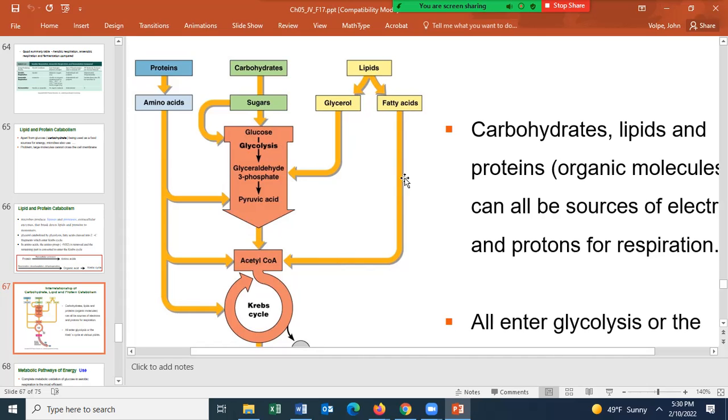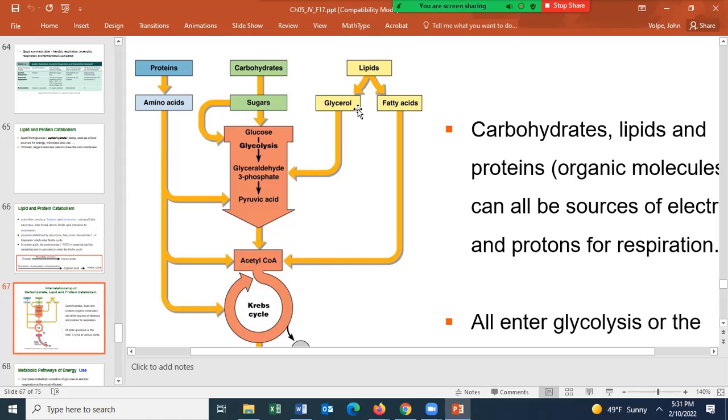The fatty acids are converted into 2 carbon units. The 2 carbon units are converted into acetyl coenzyme A, and then acetyl coenzyme A enters the Krebs cycle in the normal fashion.